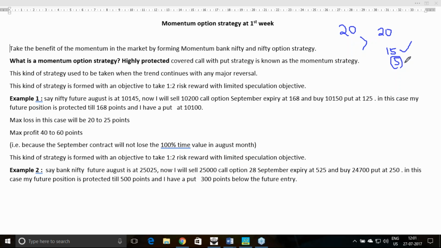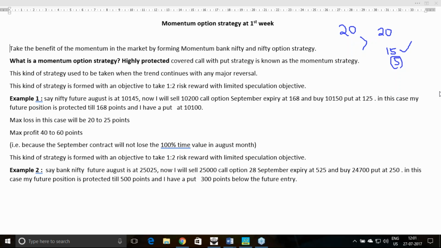In that case we can say that upward momentum is there. Inversely, if 15 days out of 20 trading days give you a negative return with 5 days positive, then you can say that it is a downward momentum. This is how you can identify the momentum of any stock or future just by introspecting its past 1 month's data.